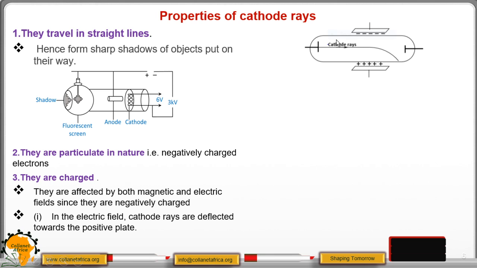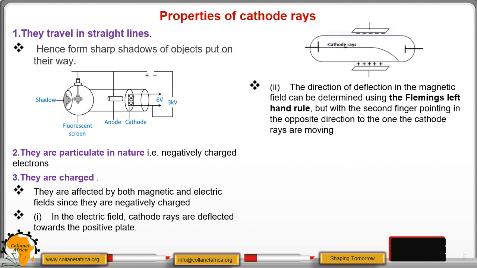Like for example, in our diagram here, these are cathode rays that are moving in between two charged plates. This one is negatively charged and this one is positively charged. And because these cathode rays are negatively charged, they are going to be attracted towards the positive plate. So that is why they are deflected towards this plate.